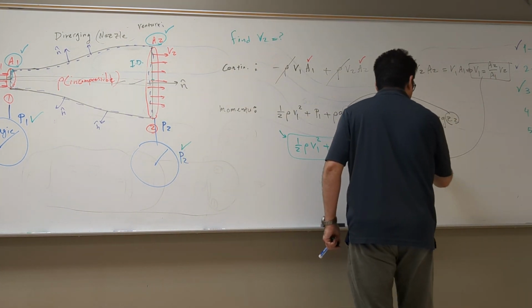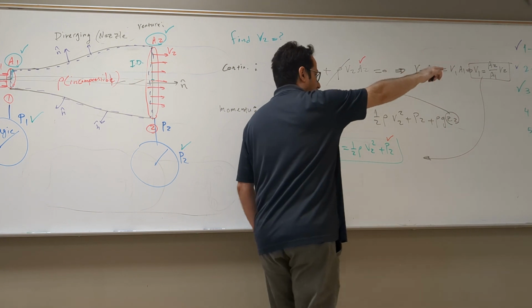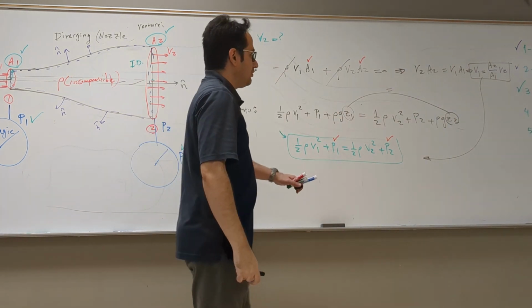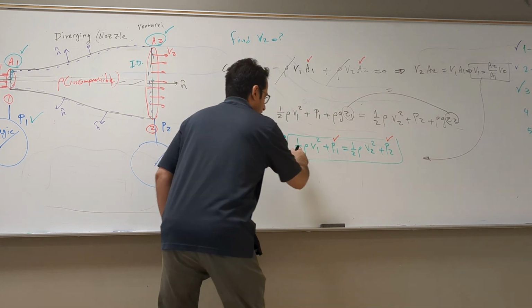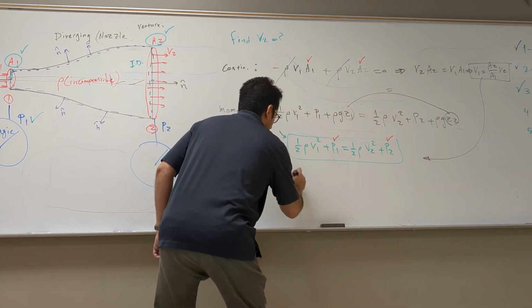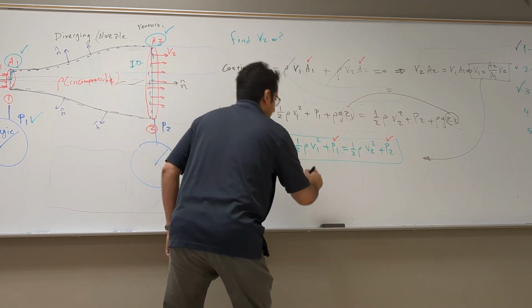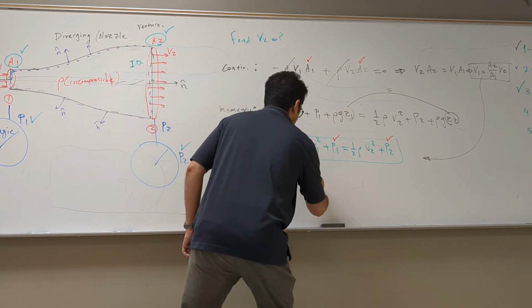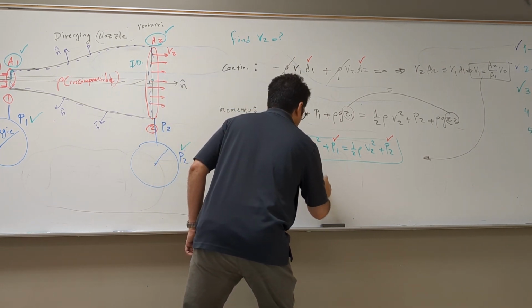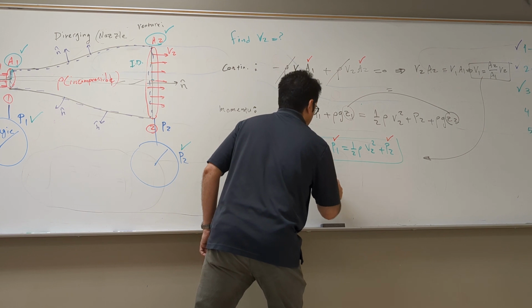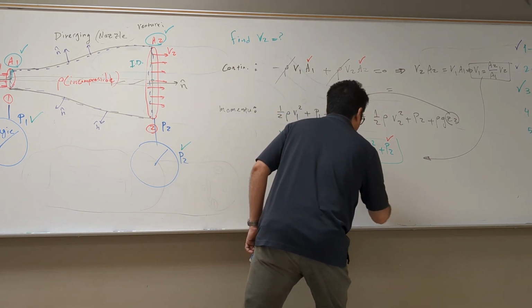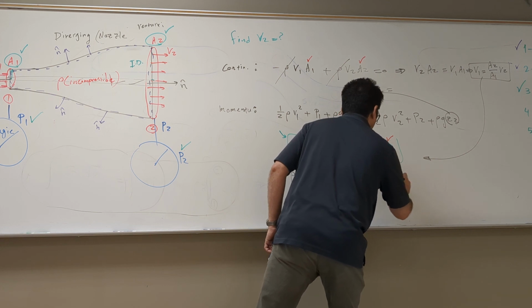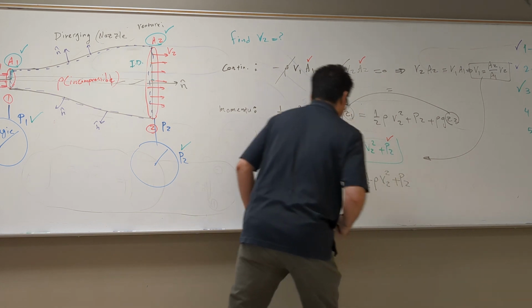We're doing Gaussian elimination. We solve one equation and put it in the other one. So substitute that for V1 here. What do you get? You get 1/2 rho, for V1 plug in the value, (A2 over A1) squared V2 squared, plus P1 is equal to 1/2 rho V2 squared plus P2.